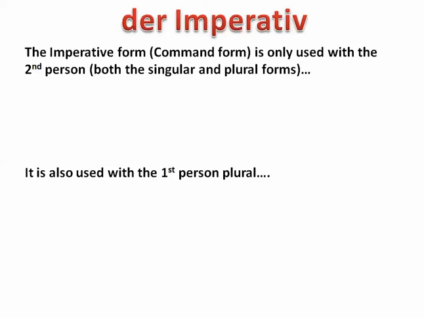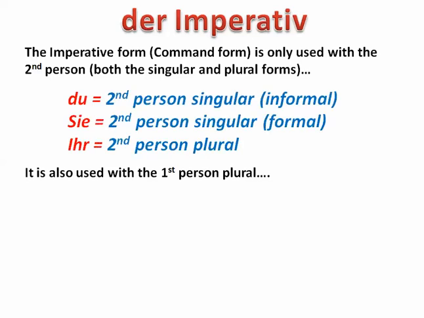And there are ways of doing that in German too, and that is only used with the second person, both the singular and plural forms. So for when you're addressing someone else and it's a person you're using the informal with, someone you know well or a friend, or it can be a person you're addressing and you want to be a little bit more polite or more formal.